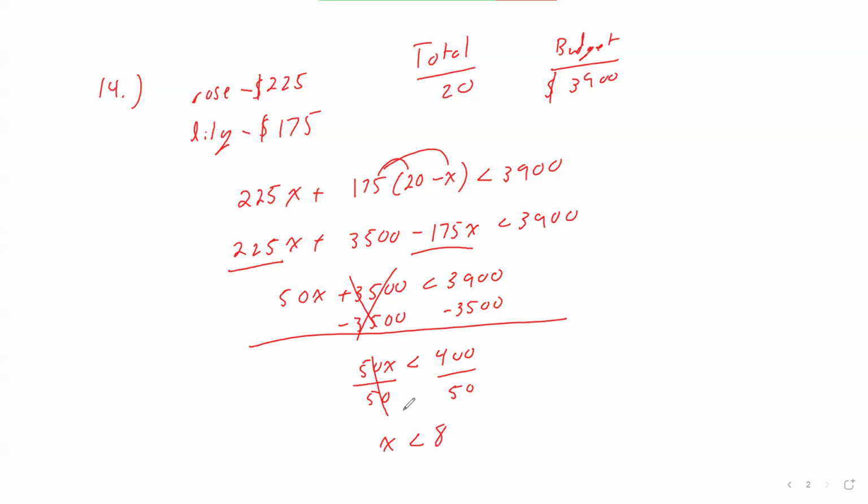So to stay under budget, I can buy at most 8 rose centerpieces. If I bought more than that, it would go over. I can buy less than that and stay under budget as well, but I can buy at most 8 roses.